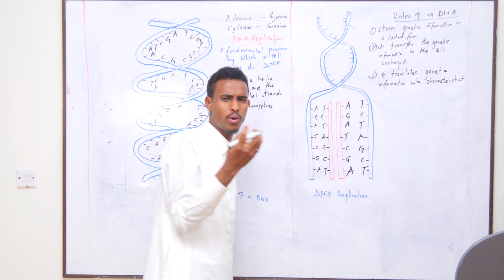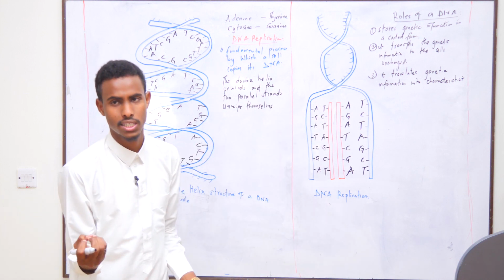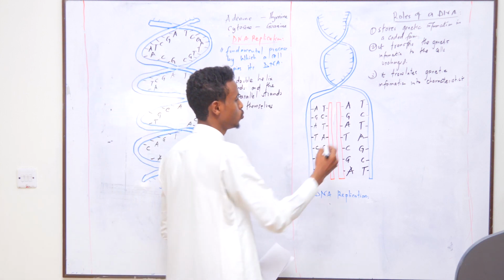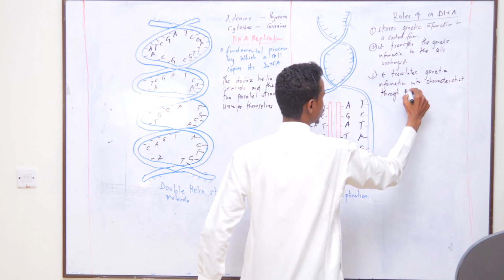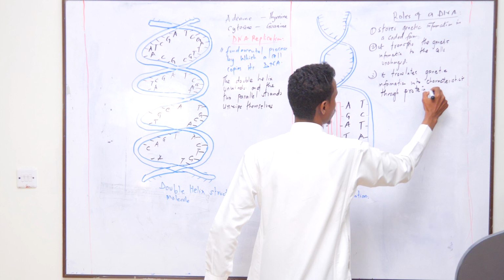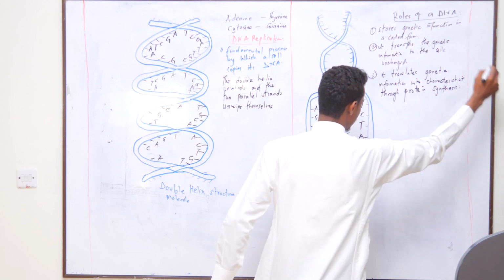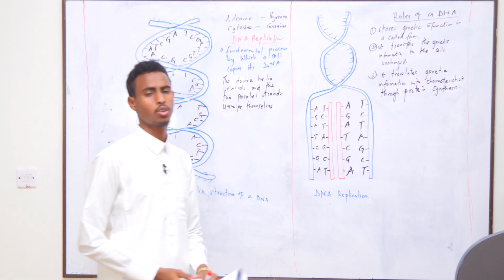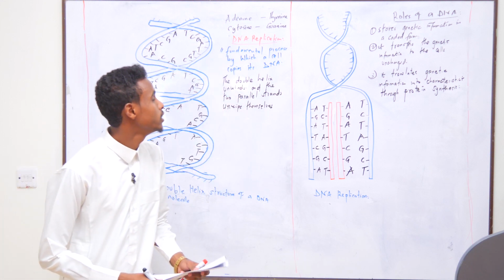How can DNA translate genetic information into characteristics? Simply through protein synthesis, or through protein manufacturing. Through protein synthesis. Very good. Now, those are the three roles of DNA.